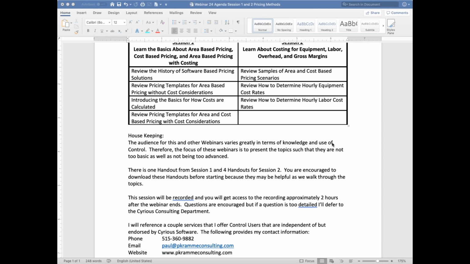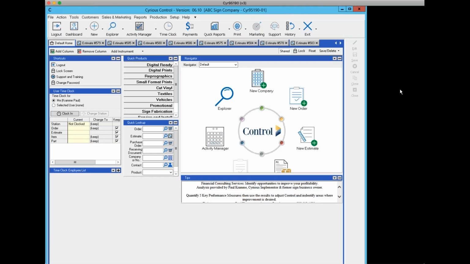So I'm going to change the view of what we're looking at, and we're going to go first to Control. I've got several estimates open, and I'm not going to get into any detail whatsoever on these. These come in pairs.